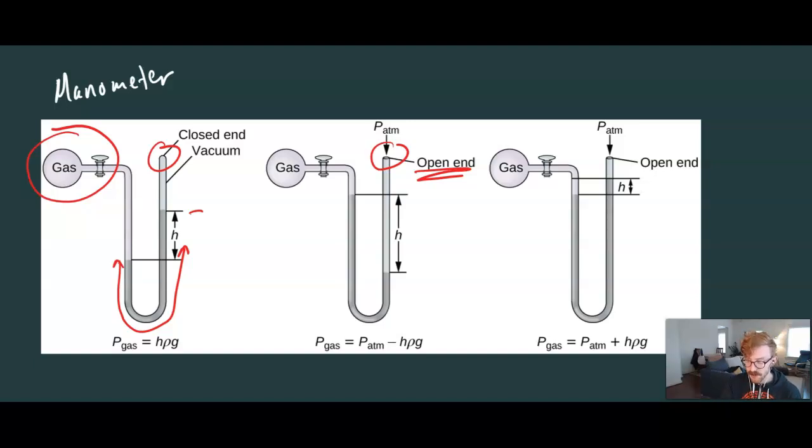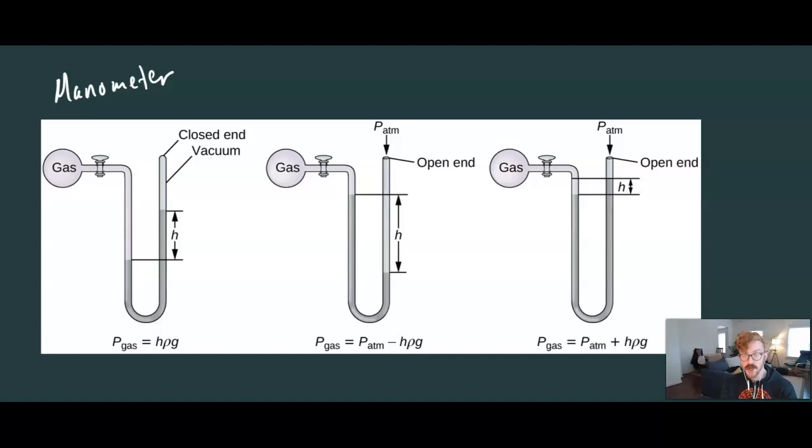The main premise here is that if we introduce to our manometer a sample of gas that has a measurable pressure, or a volatile liquid that has a substantial vapor pressure, then when we open up this valve, the pressure will force the liquid mercury down.